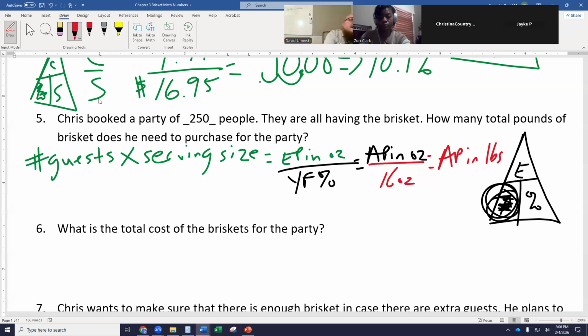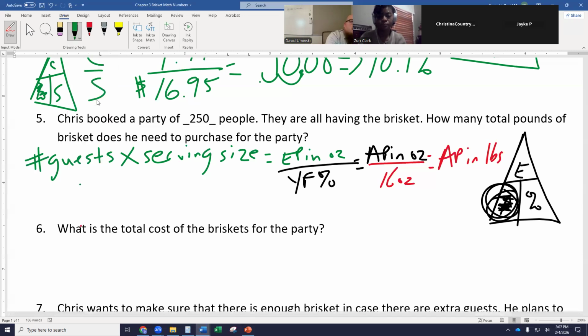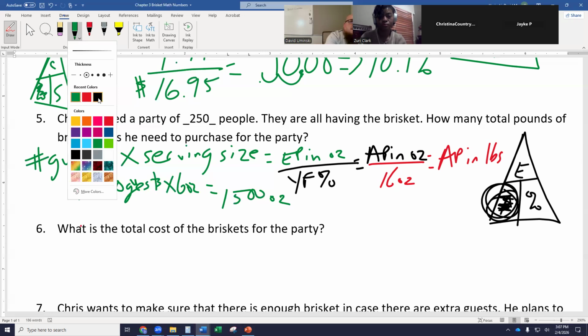So how many guests are we wanting? 250 guests. And they get 6 ounces each. And that is equal to 1,500 ounces.